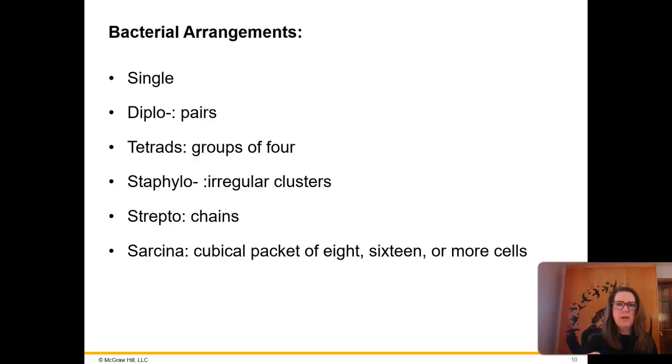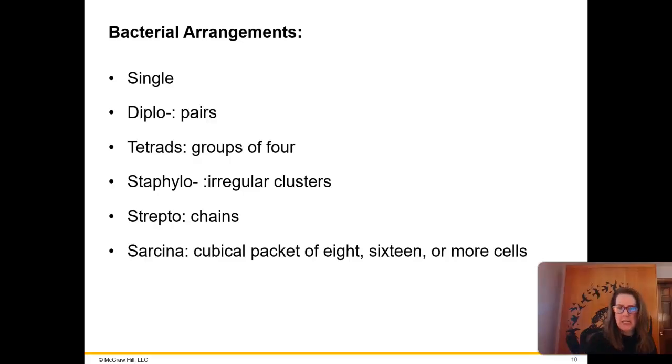So I'm going to show you how that can happen. Staphylo, we talked about being clusters. Staphylo comes from the word, I think, that relates to a cluster of grapes. Strepto, like streptococcus, is a strand that looks like a string of pearls. And then sarcina is cubical packets.